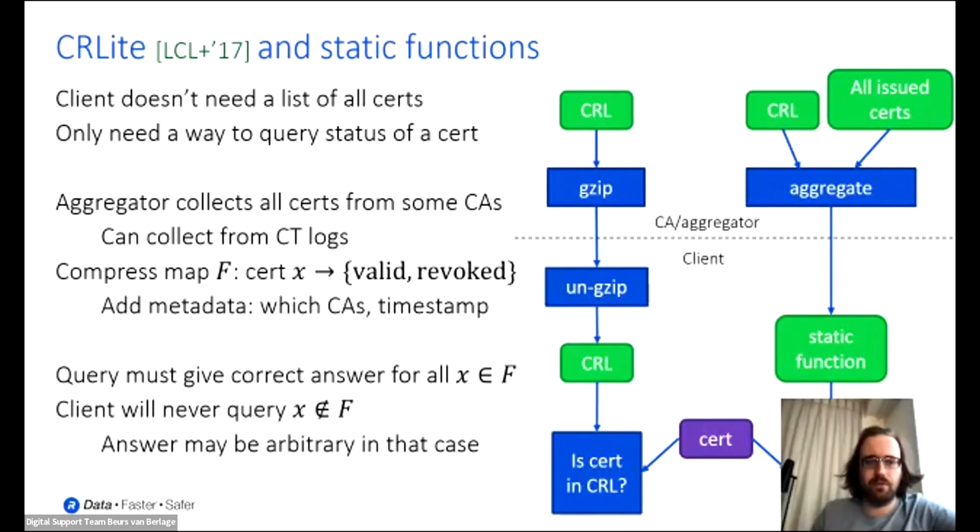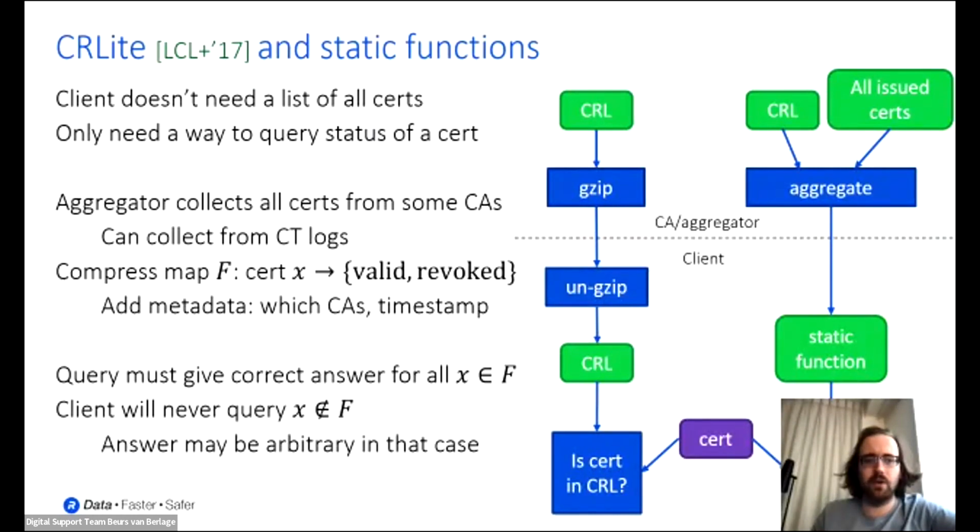So if you put suitable metadata on this compressed database, then the client will only query it for certificates that the CA actually issued in that time period, which either the CA or an aggregator, in the case of Firefox, this is Mozilla, can collect from CT logs or from their own logs.